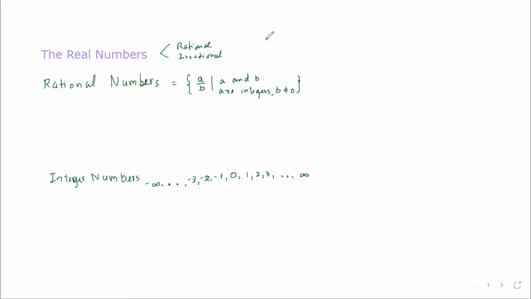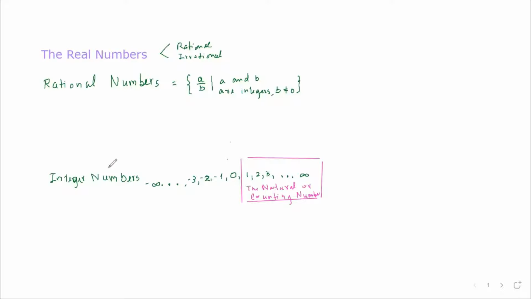But if we start from 1, so if we start from 1, 2, 3, 4, 5, 6, and so on to positive infinity, this one we call natural numbers, or counting numbers.